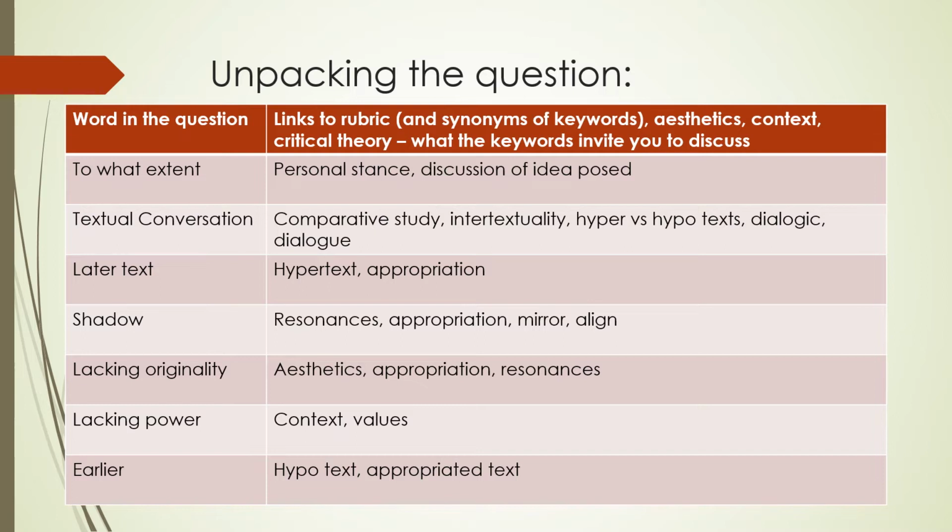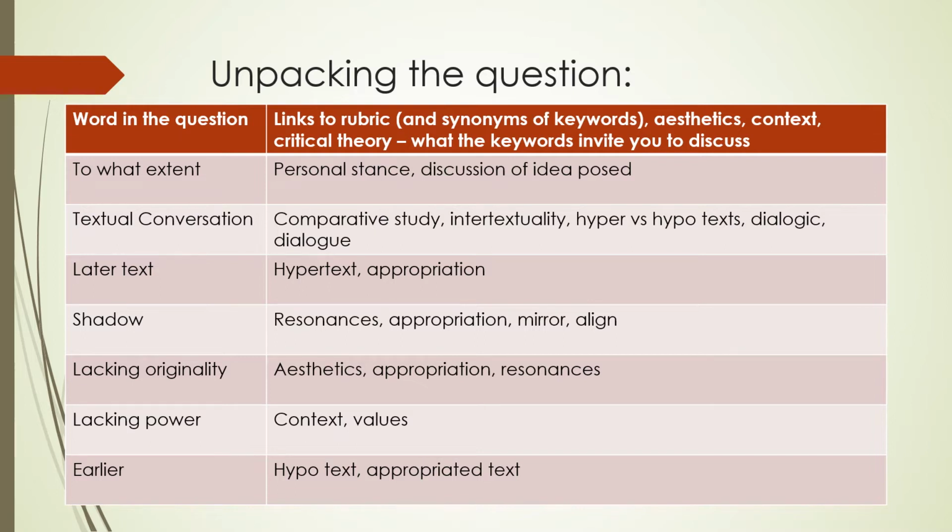The next term, textual conversation, and we looked at this as an example of a rubric term, which there are many synonyms or other phrases that link to this term.